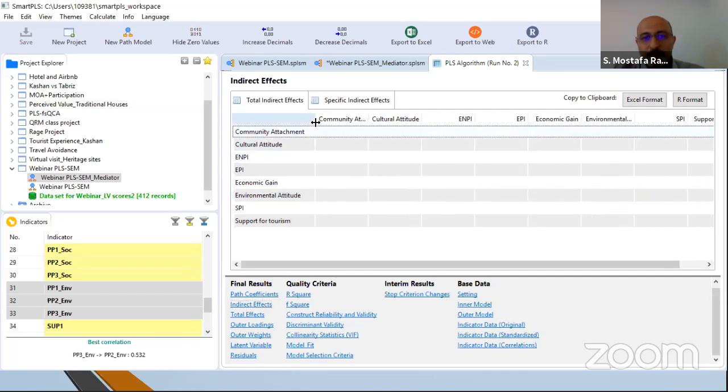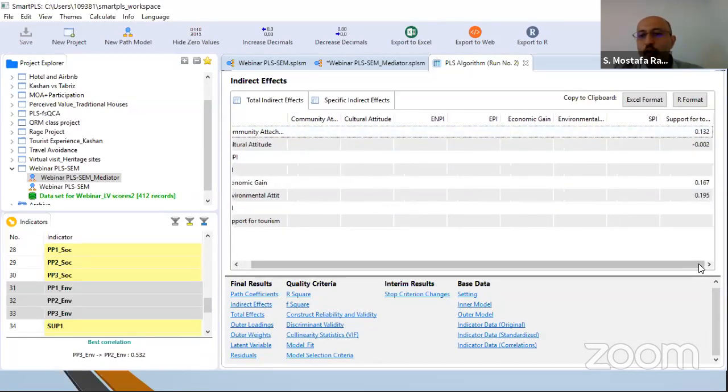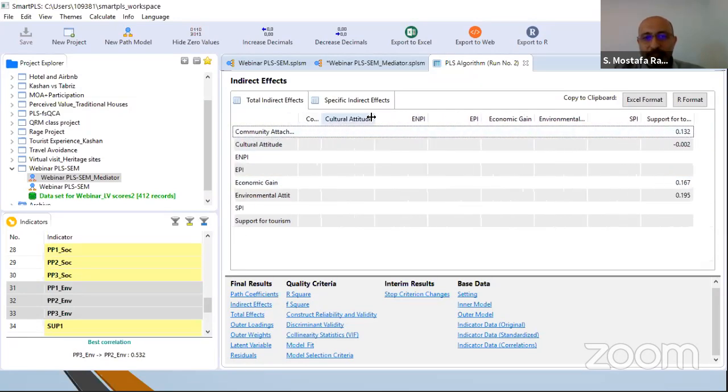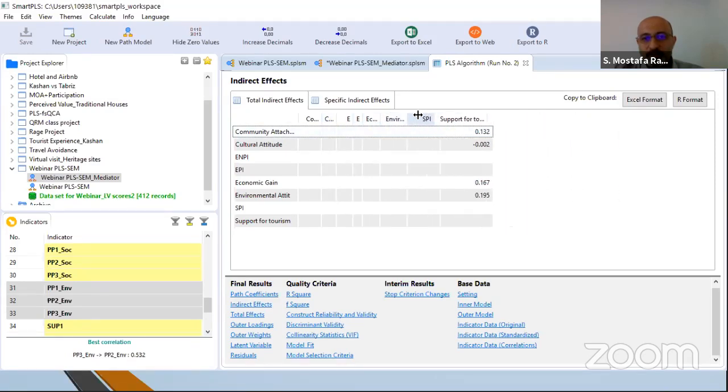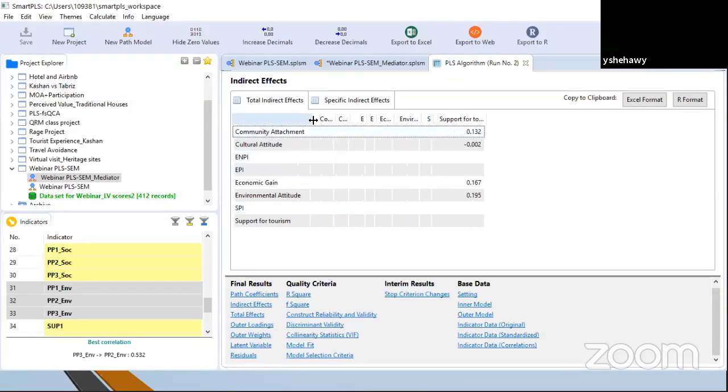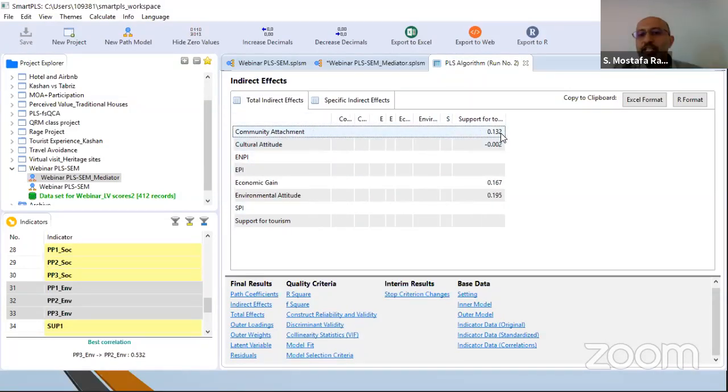Okay, so here we have only 4 values, right? Here we have only 4 values for the effect of community attachment on support, right?